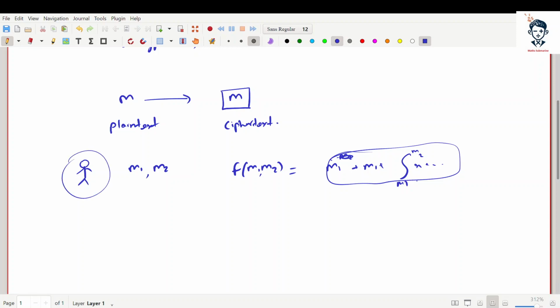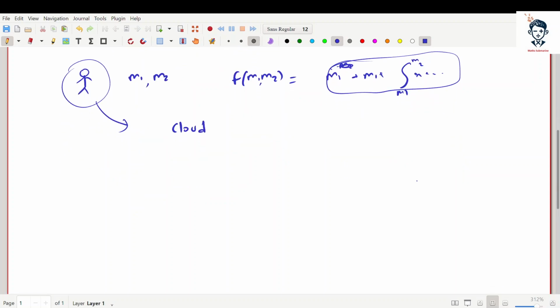Then he wants to hire someone who can compute this for him. We are going to call it the cloud, so it is actually cloud computation. He wants to give his data to the cloud, and then the cloud will give him the result.